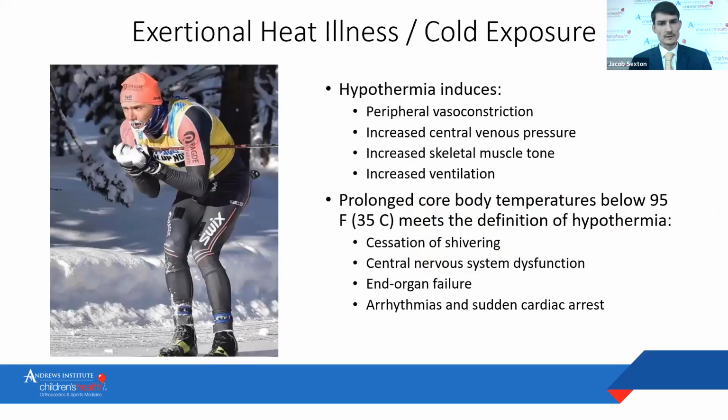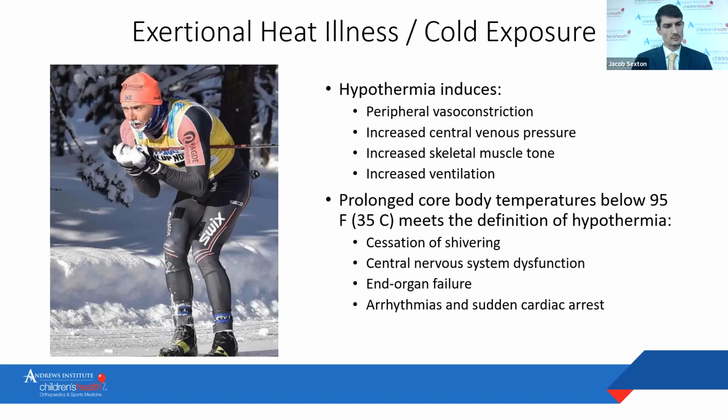Now, what about cold-related exposures? Kind of the exact opposite. So hypothermia induces peripheral vasoconstriction. You're going to try to clamp down those peripheral blood vessels and get that blood pulling into the central core body in order to maintain that internal core temperature. You're going to have increased central venous pressure, and that occurs from the constriction of those blood vessels.